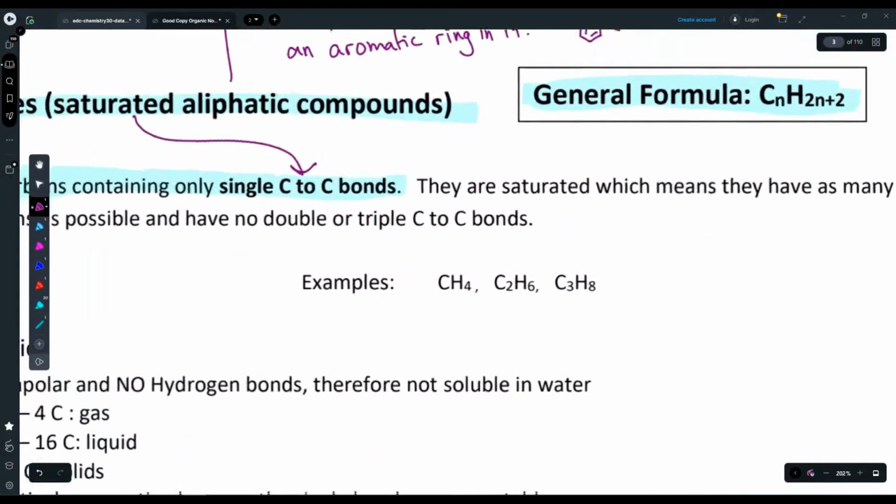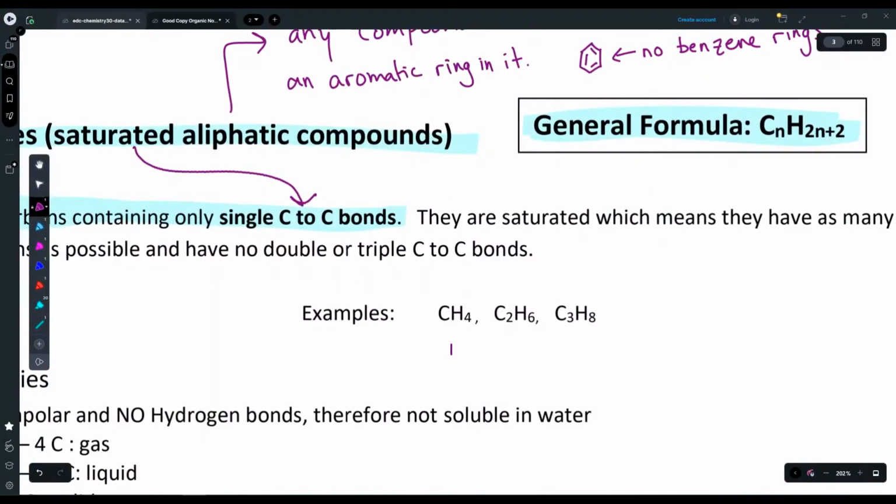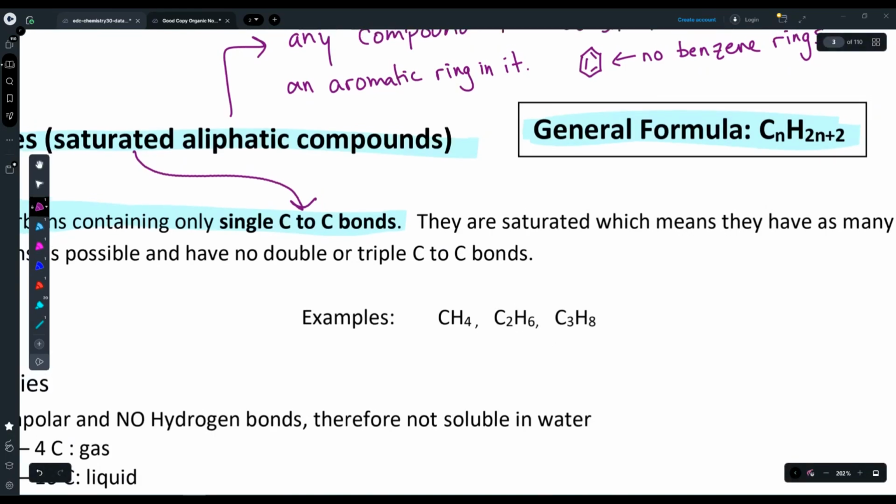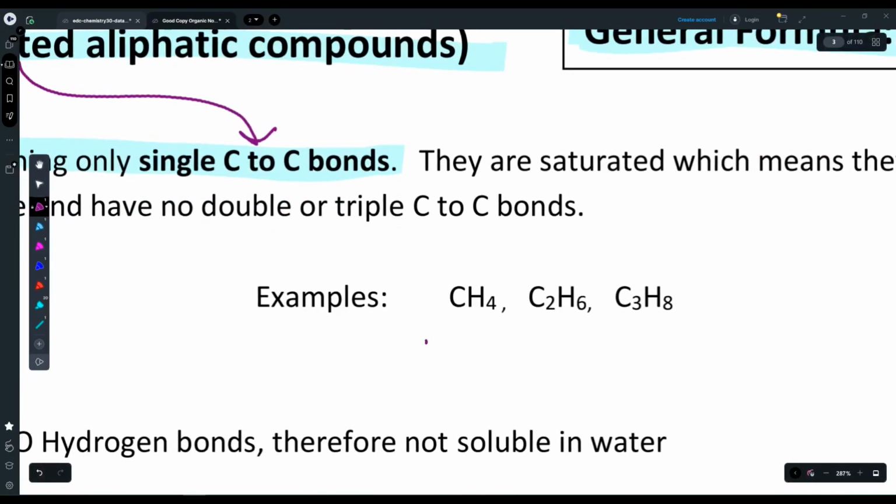So if we're looking at some examples of alkanes, we've got methane, ethane, propane. Okay, so all of these are following this formula, right? So C1H4, this one, the 1 is invisible right here, and you really don't have to write it.